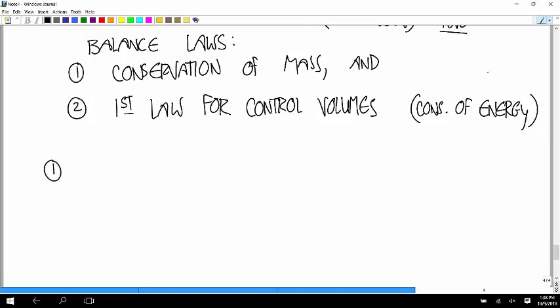Okay, so the first one we're going to talk about is the mass rate balance. That's conservation of mass.